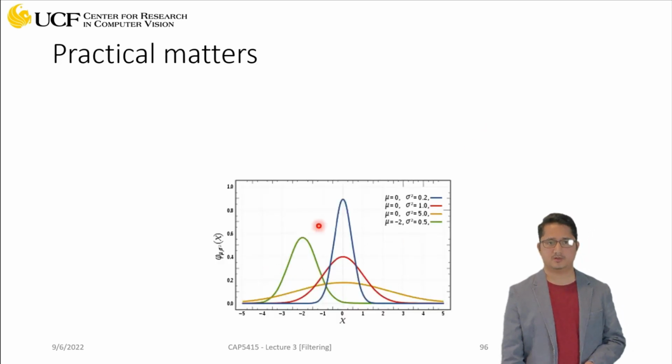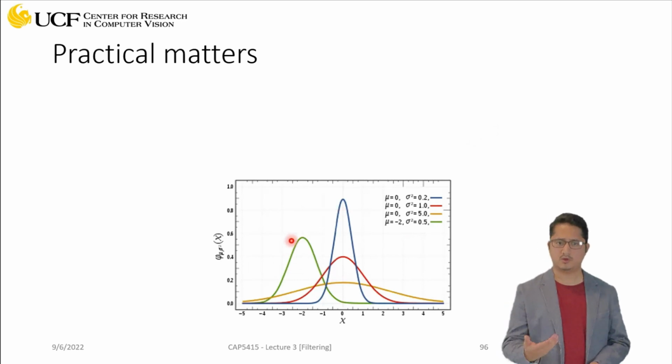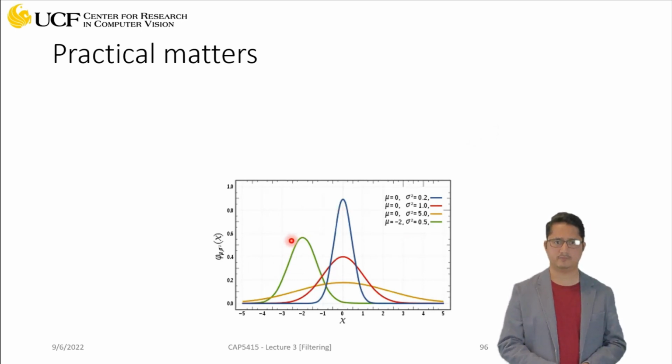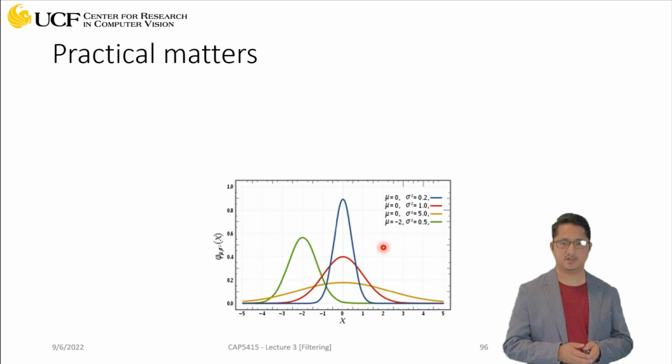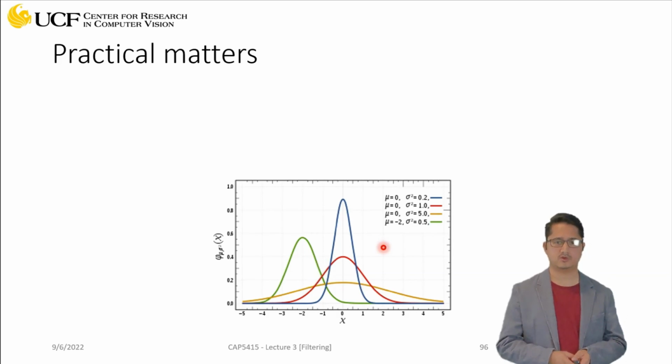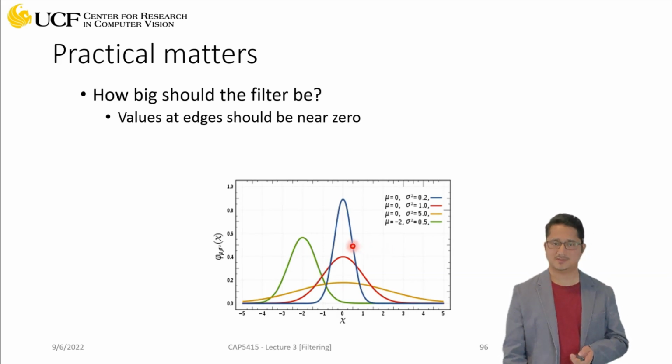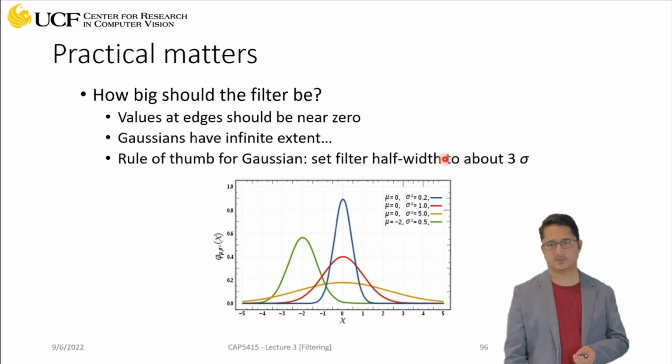Now, another important point, I think, when you solve your programming assignment on filtering, this will come up. What should be the size of your kernel? There's a very simple rule of thumb for Gaussian kernels. Whatever standard deviation you have, you just set the half width of your kernel to 3 standard deviations.